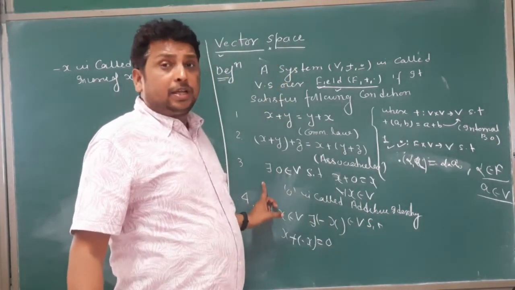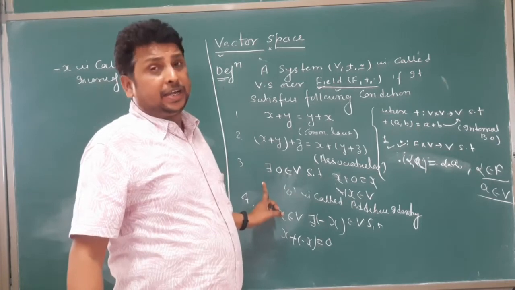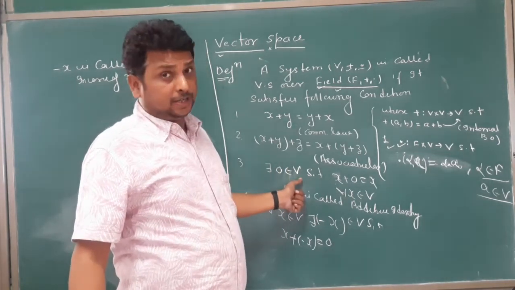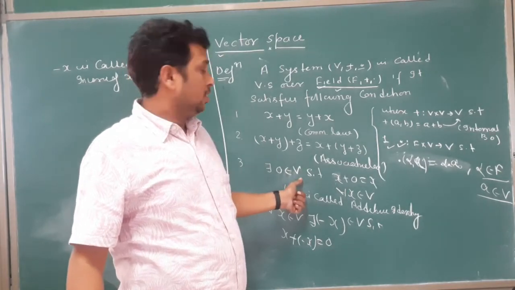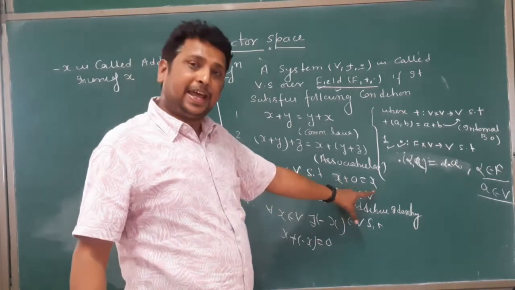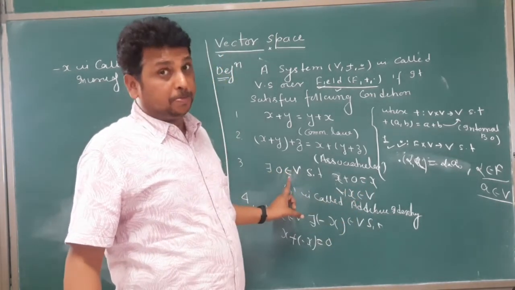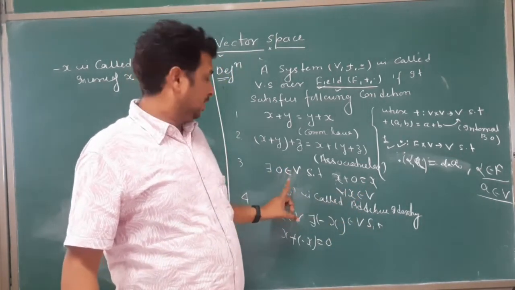Third one is called the identity. For that, 0 must belong to V. There it is 0, such that x plus 0 is x only. Then 0 is called the additive identity, and 0 must be required in V.